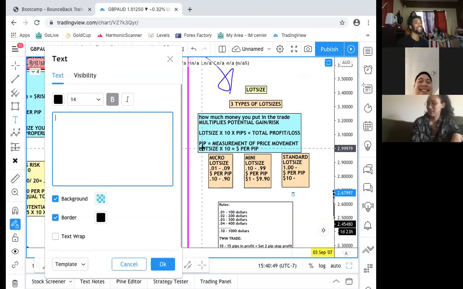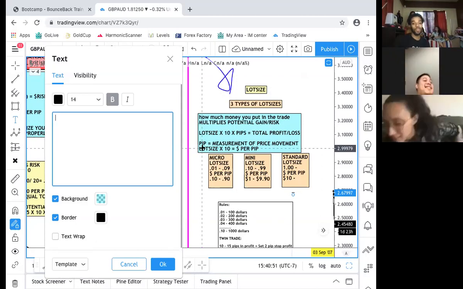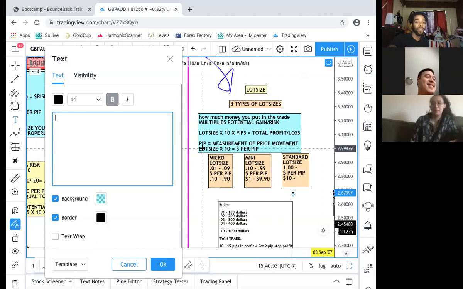Cosette, if we have a 36.20 lot size, how much are we gonna be making per pip? 362. Oh my gosh!